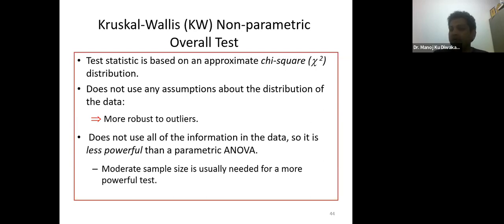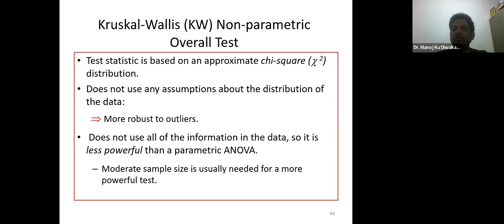It is more robust to outliers if your data has outlier values.